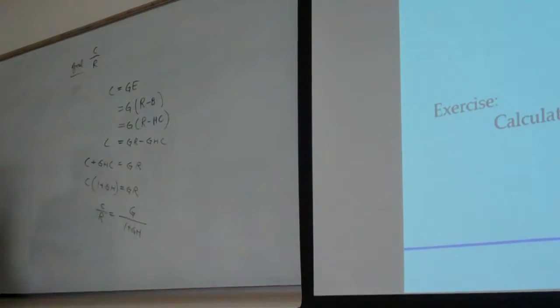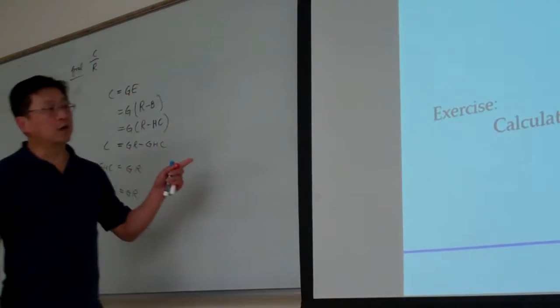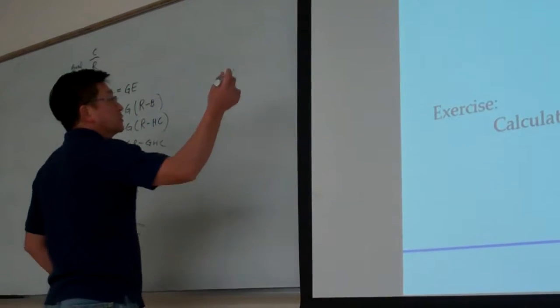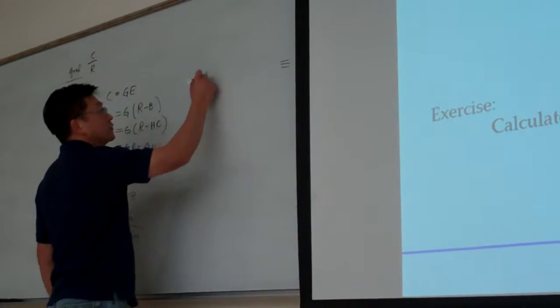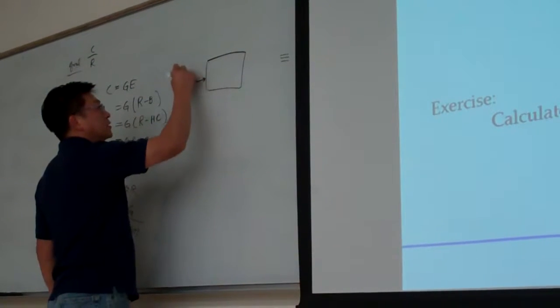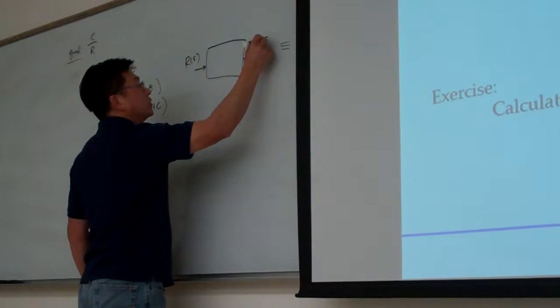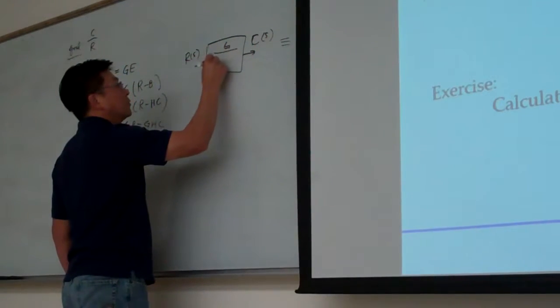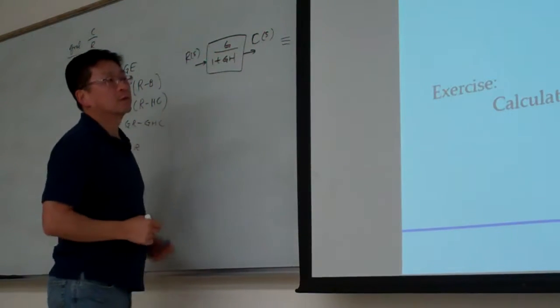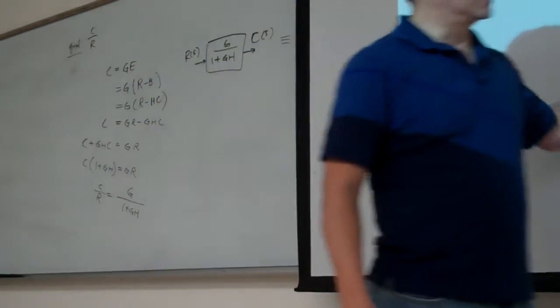Okay, and so for this case, we have a little bit different system. So for that one, that system is equivalent to here. This is our input, and this is the output. And here is G over 1 plus GH. Okay, like this.